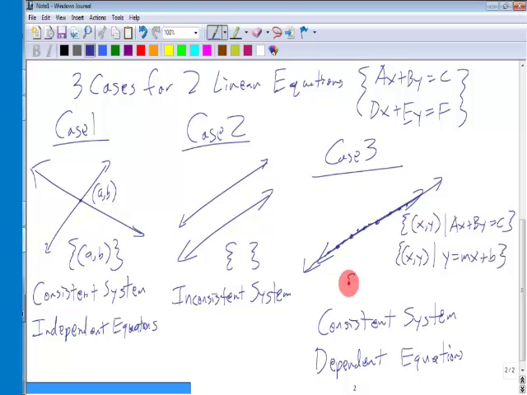But one further thing you could do that's maybe even a little bit better, because it only uses one variable, is to say the set of all ordered pairs of the form x comma mx plus b such that x is any real number.